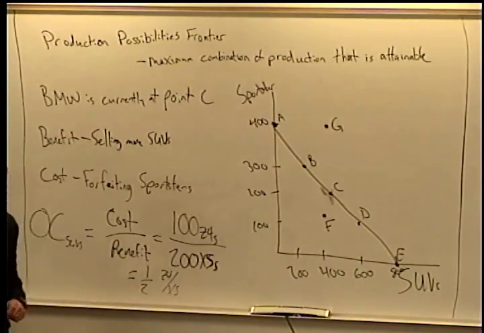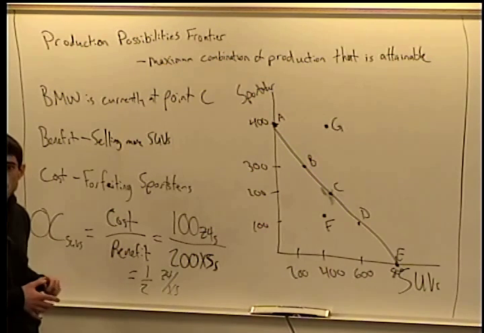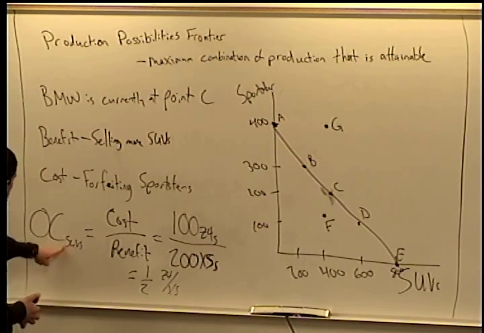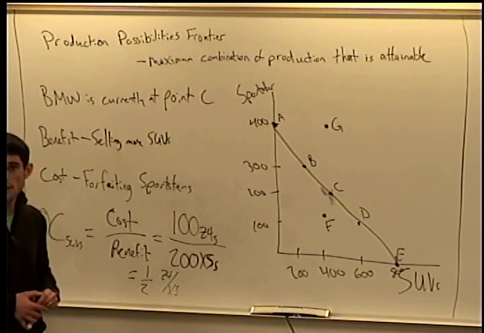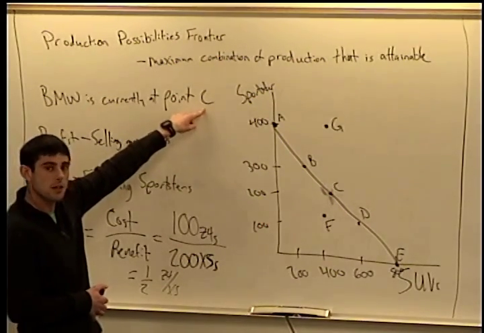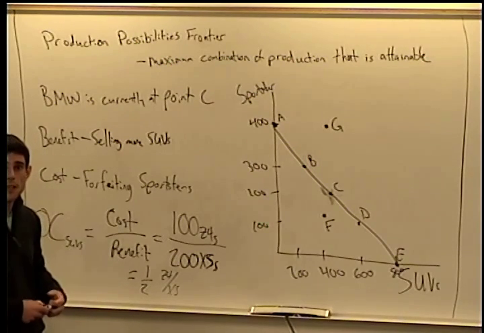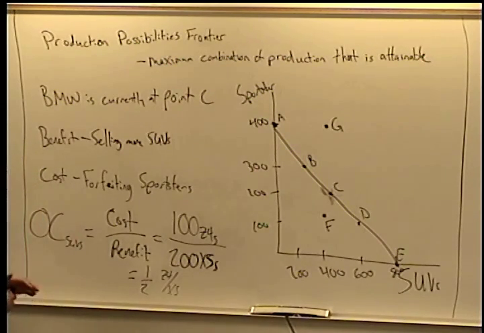Or for every additional SUV that BMW makes, they have to give up making 1/2 of a Z4. Okay, so the opportunity cost of an SUV is 1/2 Z4 per every SUV that they make. So if they made two more SUVs from point C, they would have to forfeit 1 Z4. Okay, so that's the opportunity cost.